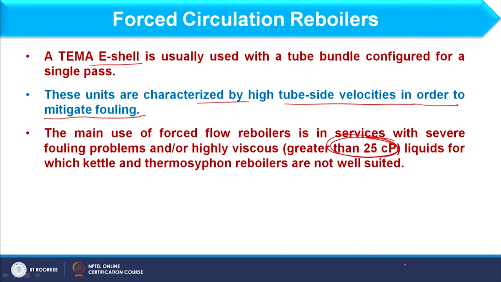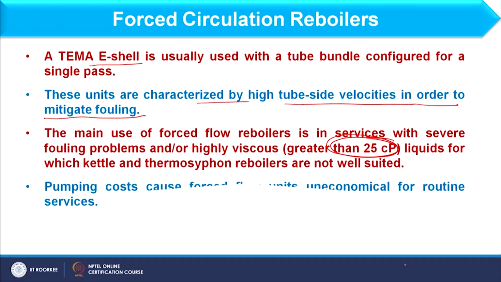Otherwise, we should use other reboilers, because using a pump gives extra cost, and for other purposes such a reboiler becomes uneconomical. So, you have to keep that in mind.